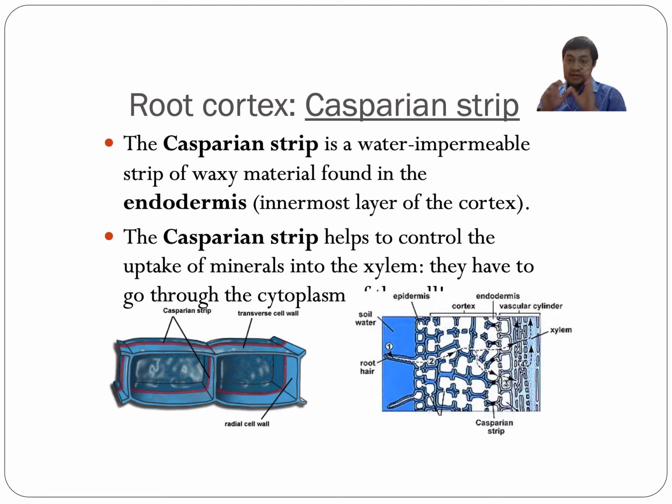So what is the endodermis? It is the innermost layer of the cortex. The Casparian strip helps to control the uptake of minerals into the xylem. I hope you still remember the difference between xylem and phloem, and also the process when the water and minerals are taken up by the xylem.